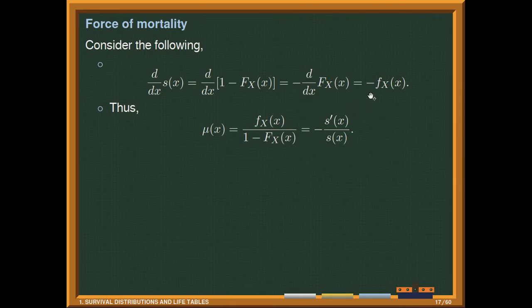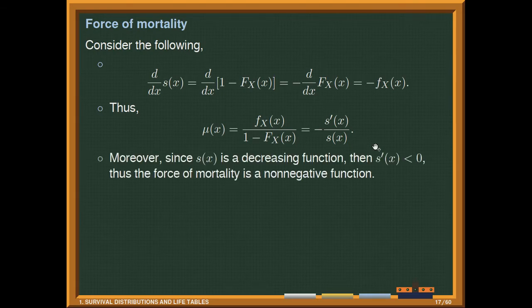It's also clear that the survival function is a decreasing function, so the derivative of the survival function is always negative. And so the force of mortality is always a non-negative function. And s of x we know is also always greater than or equal to 0.